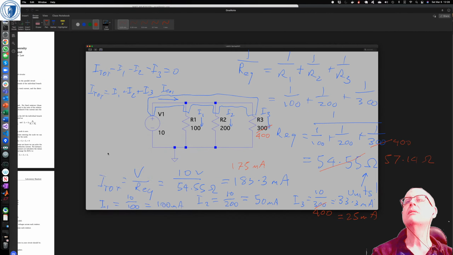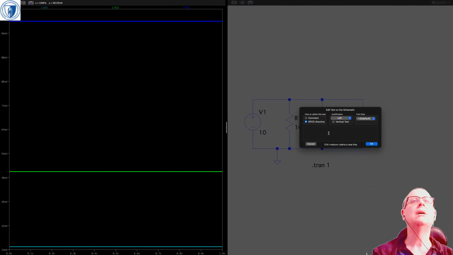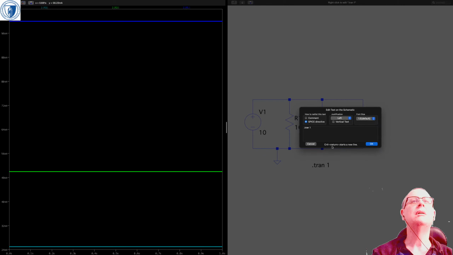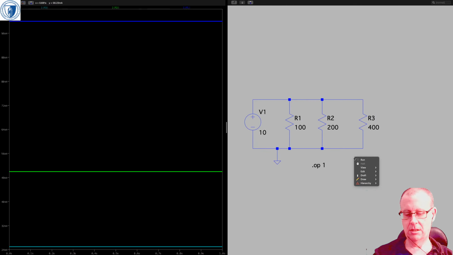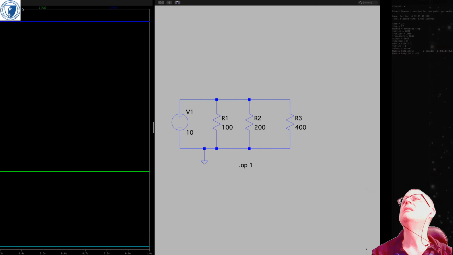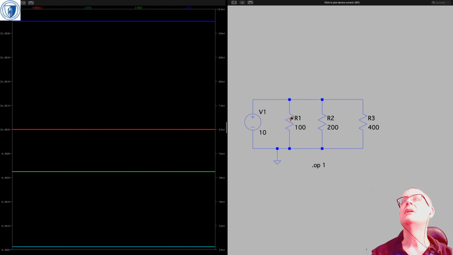I'm just going to quickly, just out of my own curiosity, I want to change that one. I'm going to change that to an OP operating point. And no, let's stop it again and start it again and do a voltage, and we've got all the currents.